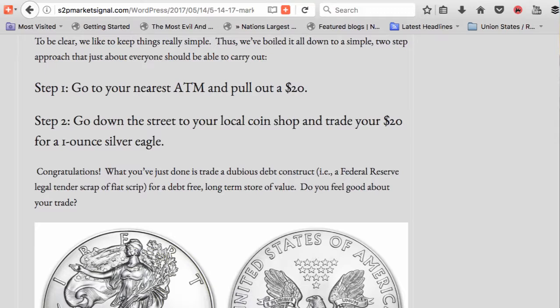Thus, we've boiled it all down to a simple two-step approach that just about everyone should be able to carry out. Step 1. Go to your nearest ATM and pull out a $20 bill. Step 2. Go down the street to your local coin shop and trade your $20 bill for a 1-ounce silver eagle.